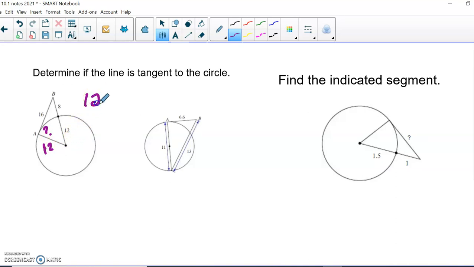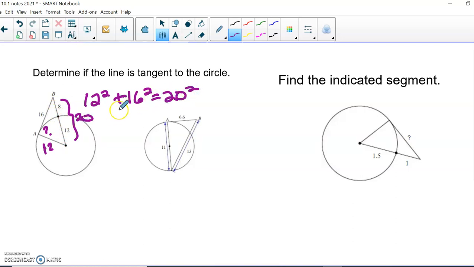I'm going to say 12 squared plus 16 squared. We know the hypotenuse is across from the right angle. In this case, it's our potential hypotenuse. I'm going to add the radius plus the external part so we can see our hypotenuse is going to be 20.